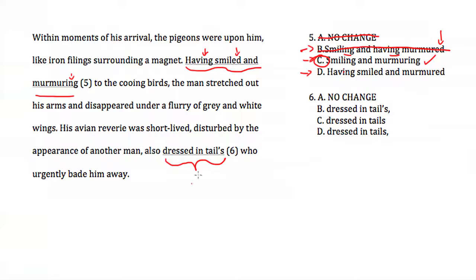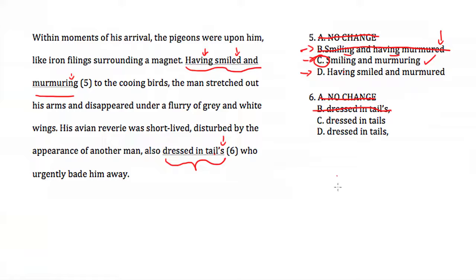The problem is this apostrophe S. This is showing ownership. Tails is owning who urgently bade him away. And that doesn't make sense. So this apostrophe S is wrong, and that eliminates A and B for us. So we're removing the apostrophe because there is no ownership in this sentence.